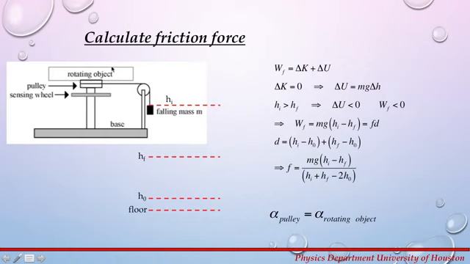In order to calculate the tangential acceleration at any point on the rim of this rotating disk, you need to know that since these two objects, the rotating object and the pulley, are connected and rotating around the same axis, the angular acceleration of the pulley is going to be equal to the angular acceleration of the rotating object. Now, knowing the radius of this pulley and the radius of your rotating object, you can easily calculate the tangential acceleration of the rotating object.